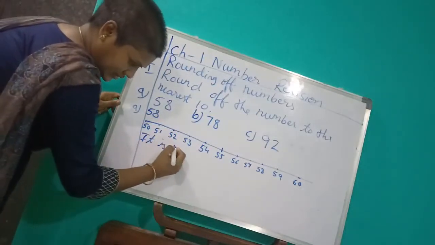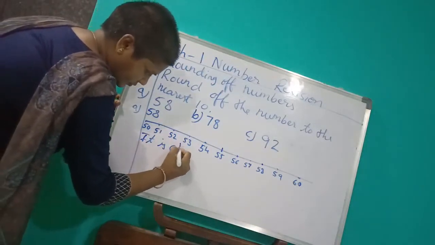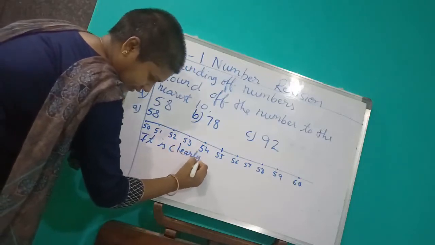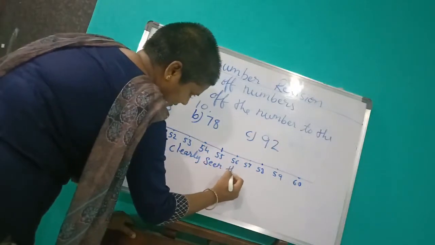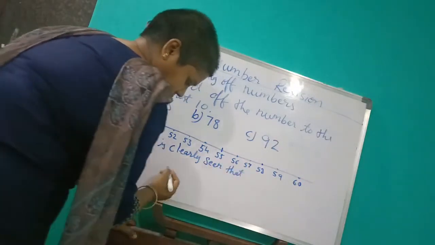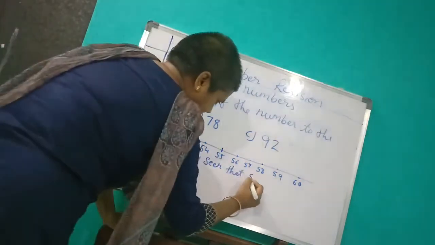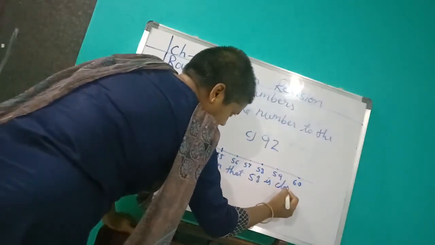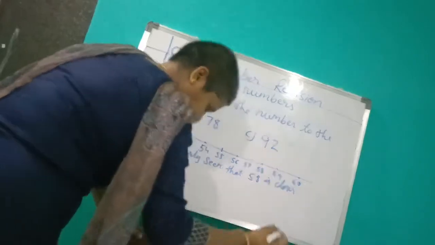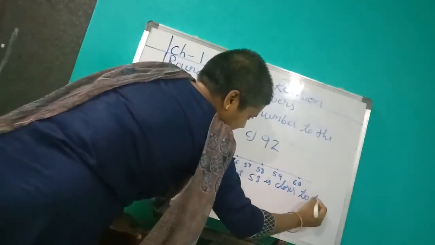That's why it is clearly seen that 58 is closer to 60.